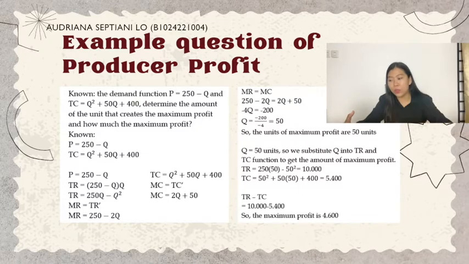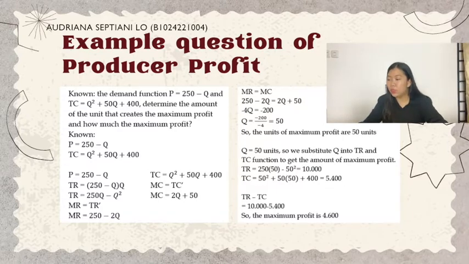So we substitute Q into TR and TC function. TR equal to 250 multiplied by 50 minus 50 power 2 and the result is 10,000.